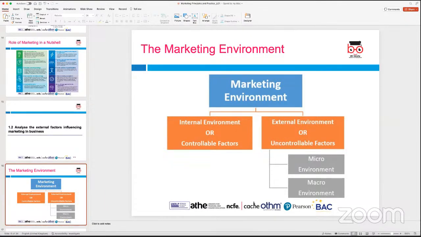Say, for example, employees, salaries, how they produce the goods and services. These are all factors which are specific to a company, and the management or the different sets of people can actually control these factors. That is why they are internal. They are not affected by what's happening outside with competition or other companies.